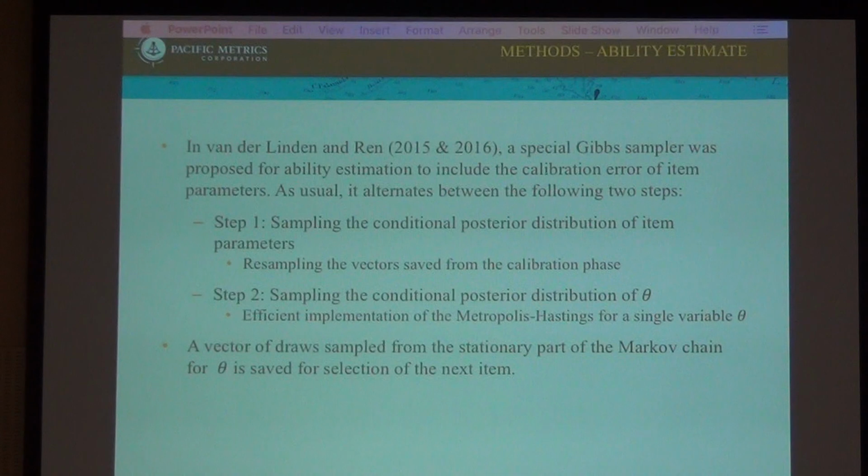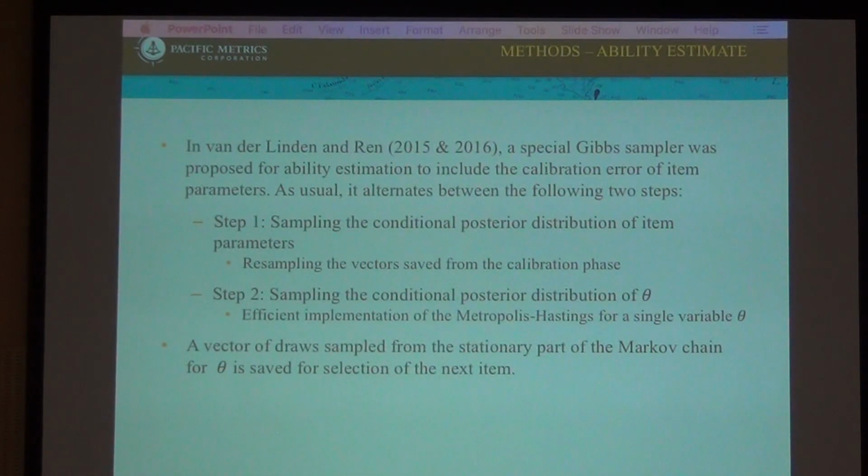In this study, in the proposed algorithm, the Gibbs sampler will iterate between two steps. First step, sampling the conditional posterior distribution of item parameters. And the second step, sampling the conditional posterior distribution of the theta ability parameter.